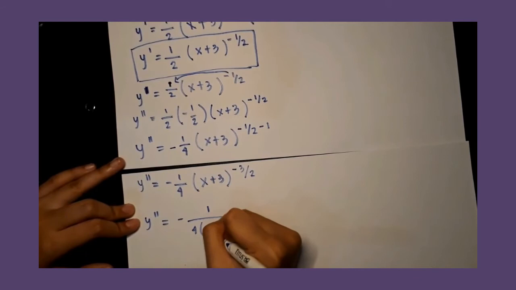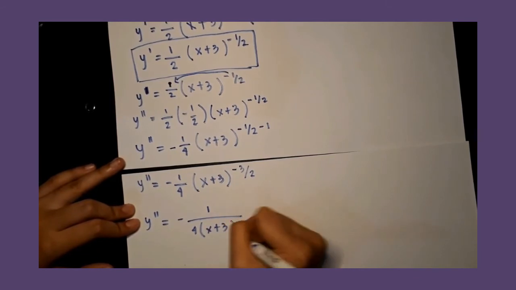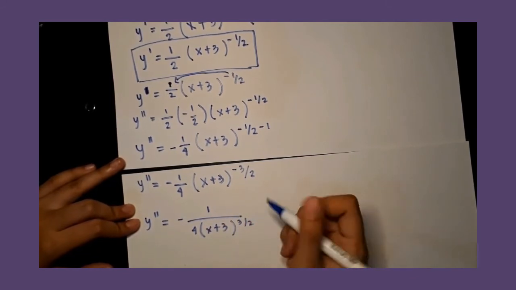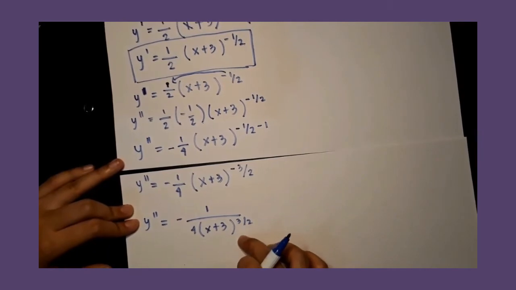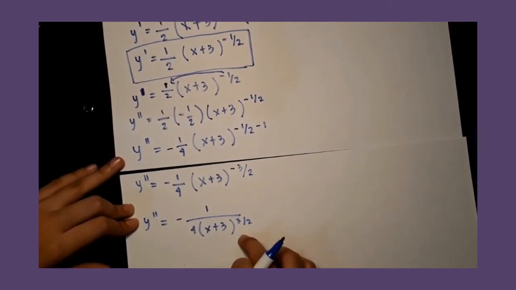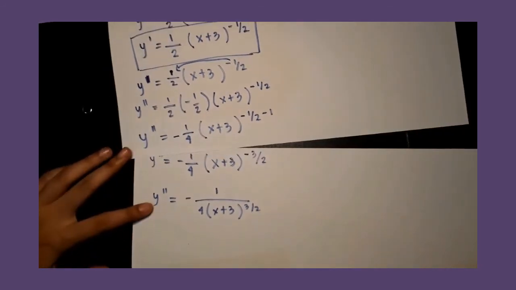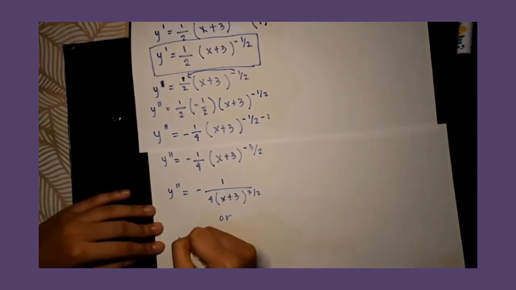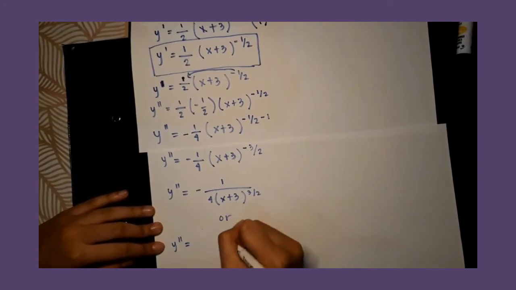So we have y double prime is equal to negative 1/4 times x plus 3 to the power of 3/2. So this could be our final answer, or we can change it into a radical. So we have y double prime is equal to 1/4 square root of x plus 3 to the power of 3.